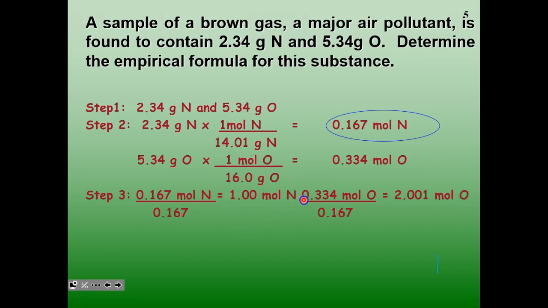For oxygen, 0.334 divided by 0.167 gives us 2. And these are nice whole numbers, okay? So we don't need to do anything else. We have whole numbers. These whole numbers right here, the 1 and the 2, represent our subscripts. So we come up with an empirical formula of NO2, nitrogen dioxide, right? So the 1 is our subscript here, which we don't write, and the 2 is our subscript here, okay?